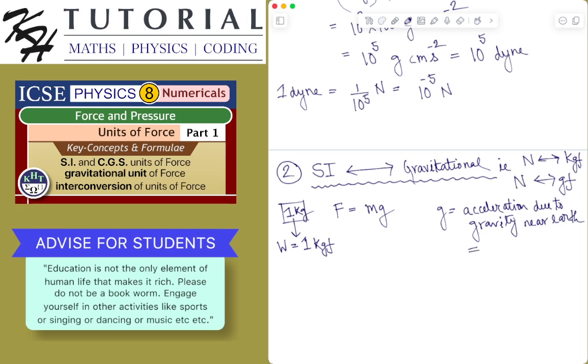Its value is precisely 9.8 meter per second square. Sometimes, for the ease of calculation, it is also taken as 10 meter per second square. I am taking it as 10.